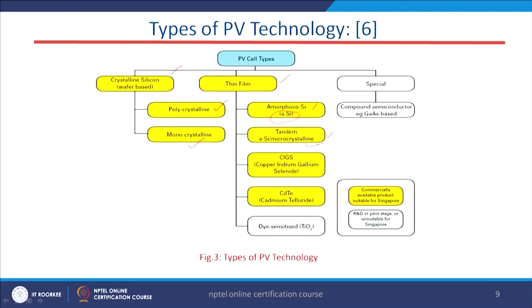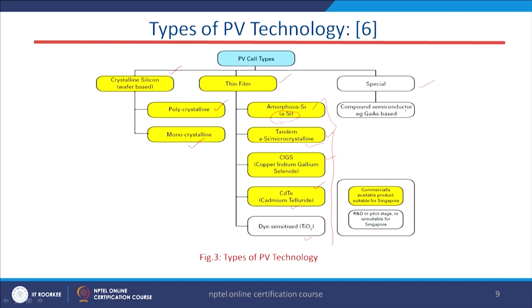The third one is CIGS, that is copper indium gallium selenide, and this one is CdTe, that is cadmium telluride, and next TiO2. So, these are the different technologies used for thin film PV cells.